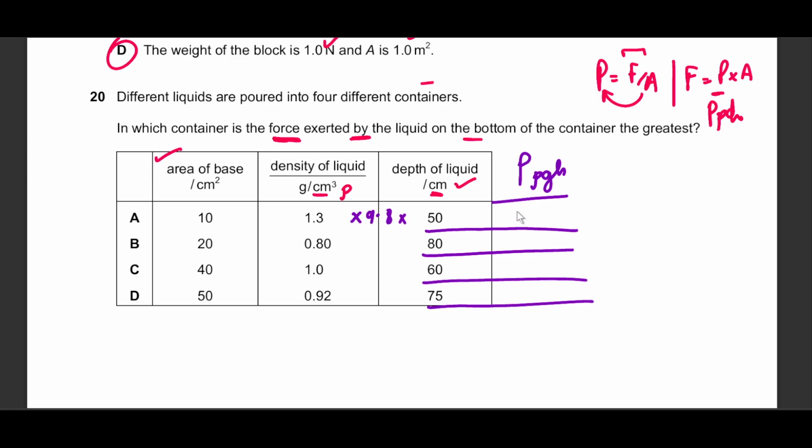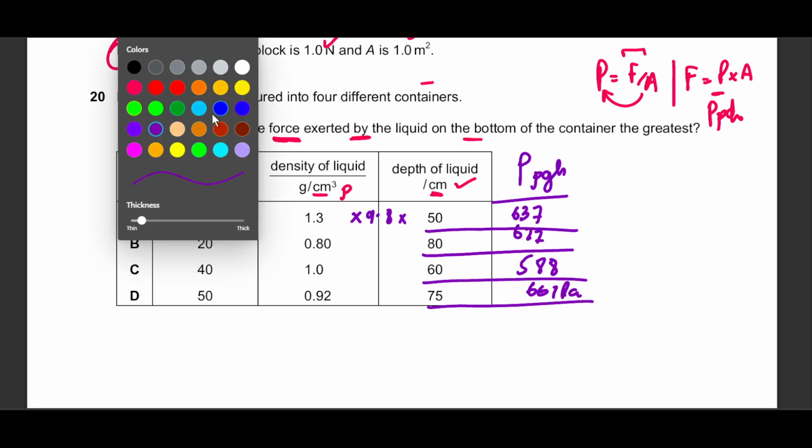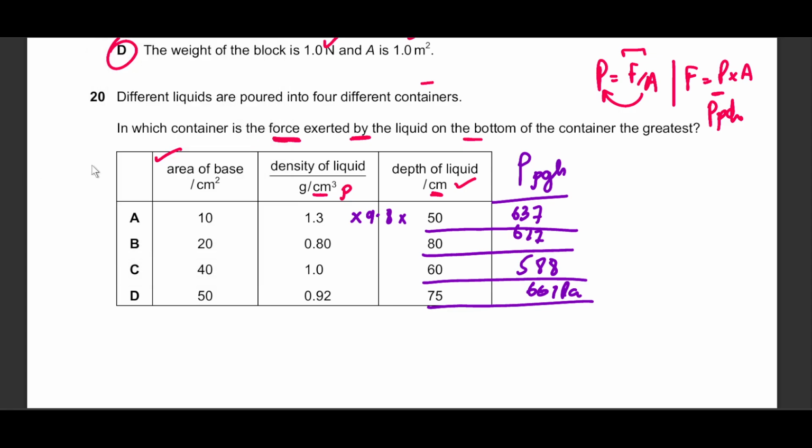So the answer I'm getting here is 637 pascals. This will be 627 pascals. This will be 588 pascals. This is 661 pascals. And rightly so, I shouldn't be writing pascals at this stage because it has to be in kg, in meters. But anyways, for the sake of example, let's say that they are in the standard units.